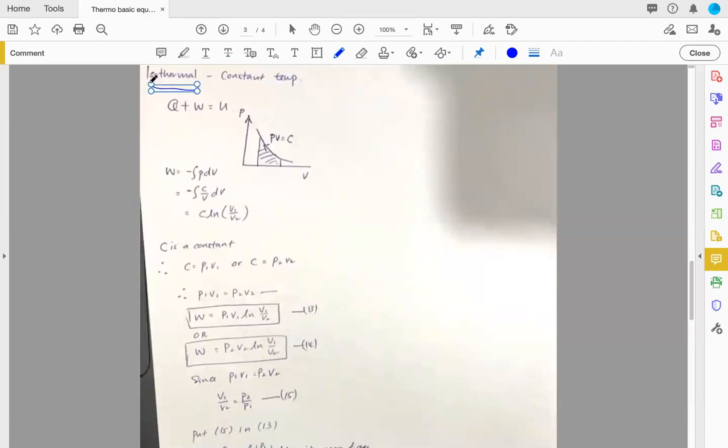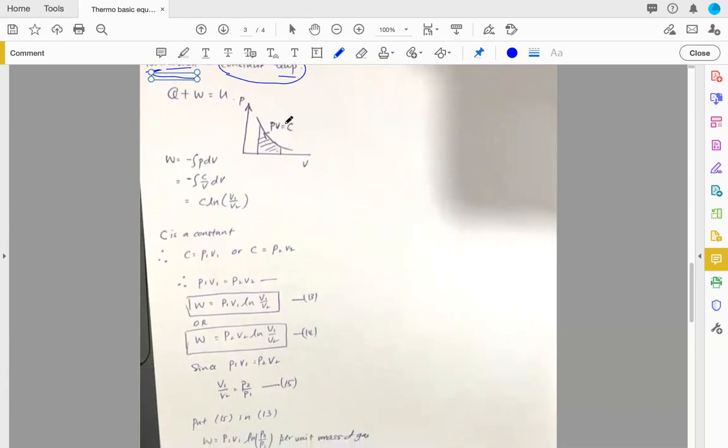Isothermal, like I mentioned to you, thermal is heat. When we deal with heat, we know we are dealing with temperature. Iso is same, constant. So isothermal means constant temperature. If you draw the PV diagram, this is the PV diagram for constant temperature.